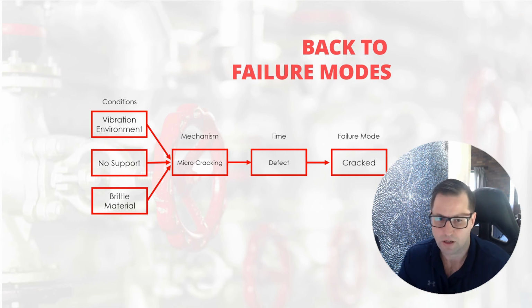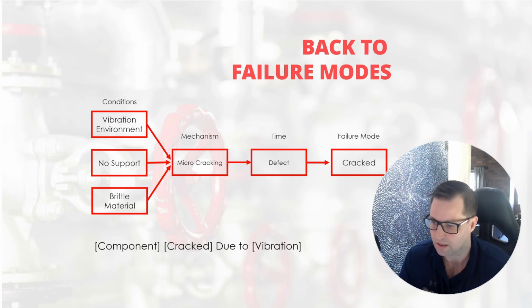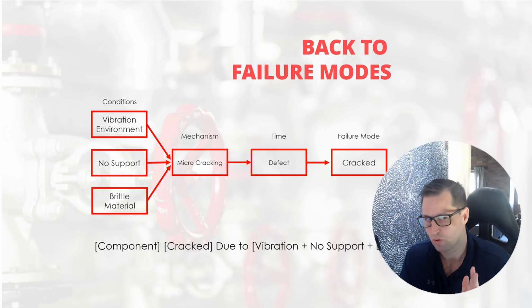So as a bit of an aside, I'd encourage everyone to write down your failure mode and cause statements differently. Instead of writing something like the component is cracked due to vibration, where it's component failure mode due to cause, you instead expand that cause to all the potential causes on the left. Usually just the very extreme or end current conditions.